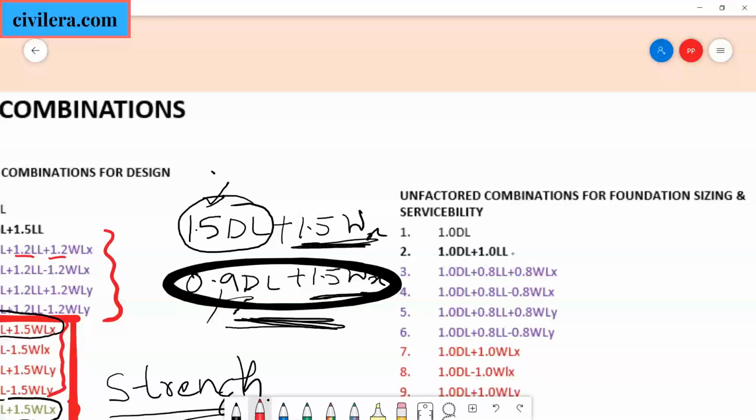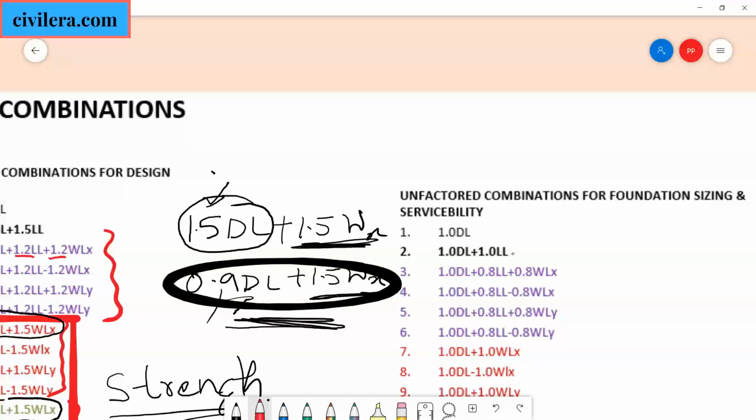So the columns, the beams, the slabs are anyway going to be there. And you have to be logical and practical. We are not trying to be safe for any drastic bad thing that we are doing. It's not like that. We are looking at a probable possible reduction in dead load, which is taken care of by reducing it to 0.9. So there is a huge amount of factor of safety there, which is quite adequate to take care of this overturning.